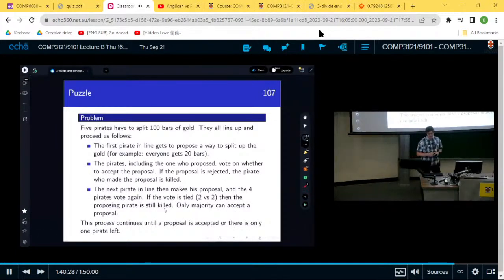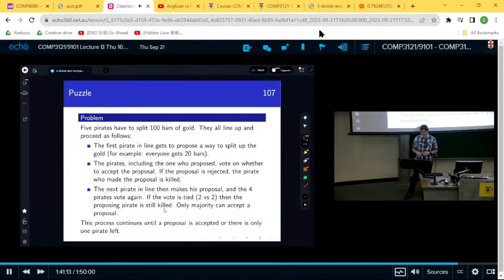So we have 5 pirates that need to split 100 bars of gold. They all line up and proceed as follows. There's an ordering of the pirates, and this ordering is known to everybody. The first pirate in the line proposes a way to split up the gold. For example, the first pirate might suggest everybody gets 20 bars. Afterwards, all the pirates, including the one who proposed, vote on whether to accept the proposal or not. If the proposal is rejected, the pirate who made the proposal is killed.